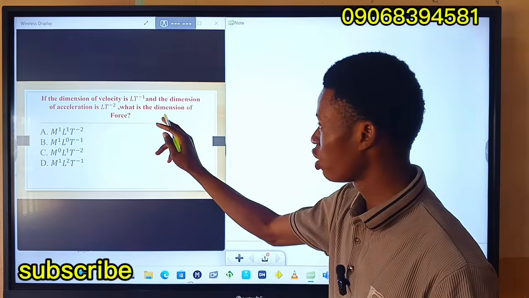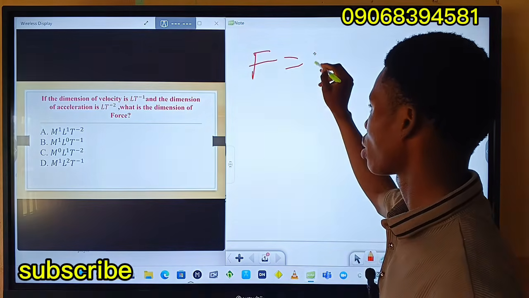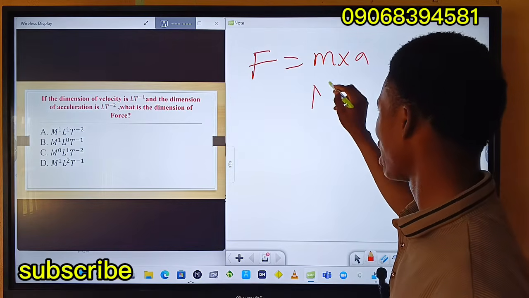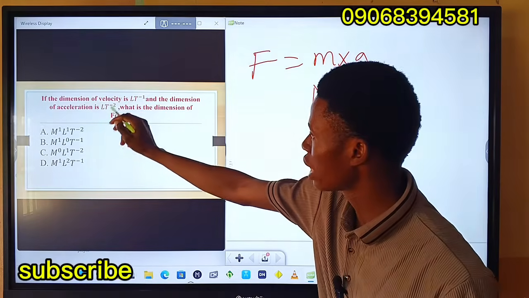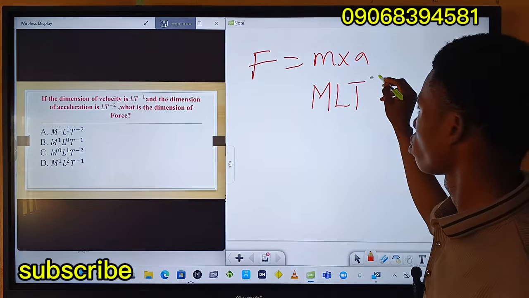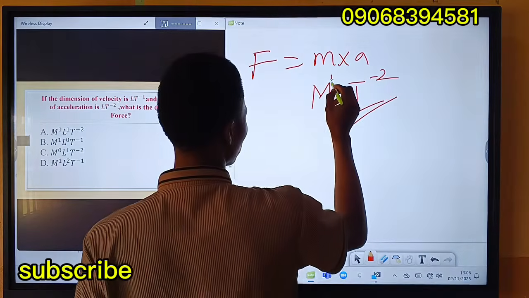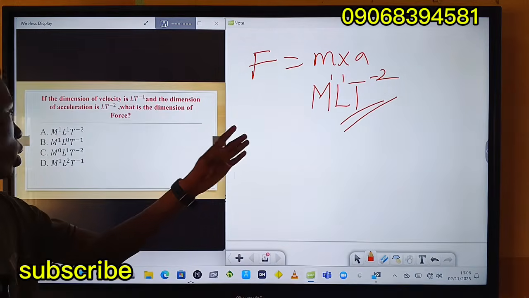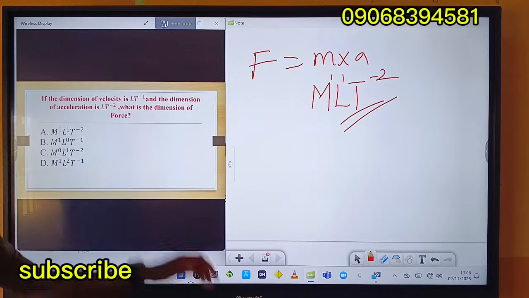What they are asking you at the end is the dimension for force. We've solved that before. You know force is mass times acceleration. So mass is capital letter M because it's a fundamental quantity. Then acceleration, you're already given as LT raised to the power minus 2. That's all. And you know M is the same thing as M raised to the power 1, and L is the same thing as L raised to the power 1. So our answer there is option A.